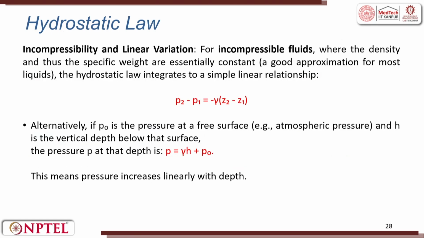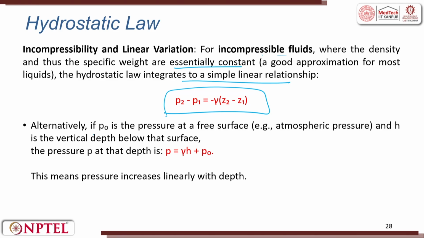So, incompressible and linear variation. For an incompressible fluid, where the density and thus the specific weight are essentially constant, the hydrostatic law integrates to a simple linear relationship: delta P is equal to minus gamma times delta Z. So it follows a linear model because the fluid is incompressible.